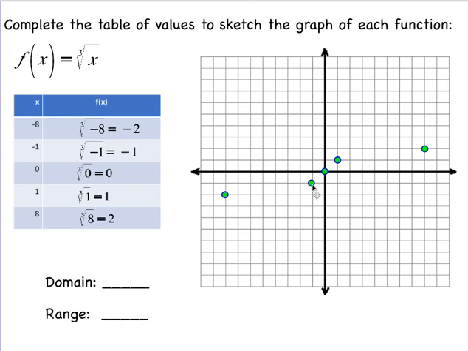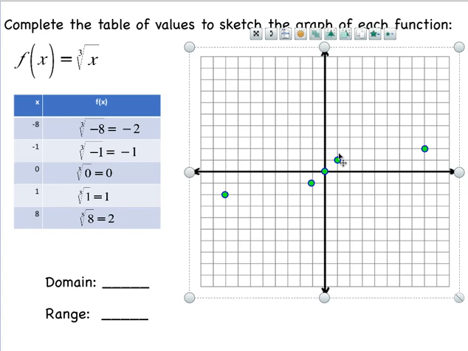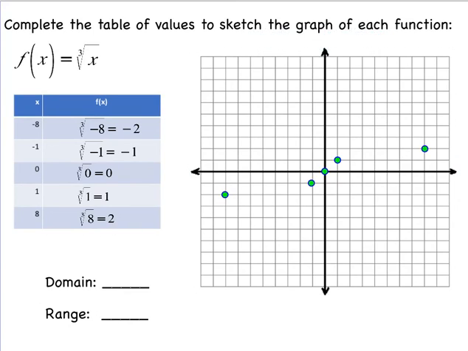Our x to the third power looked like an S that was stretched out vertically, while our cube root function looks stretched out horizontally. So I'm going to make an attempt at connecting all these points, and let's see how well I do.